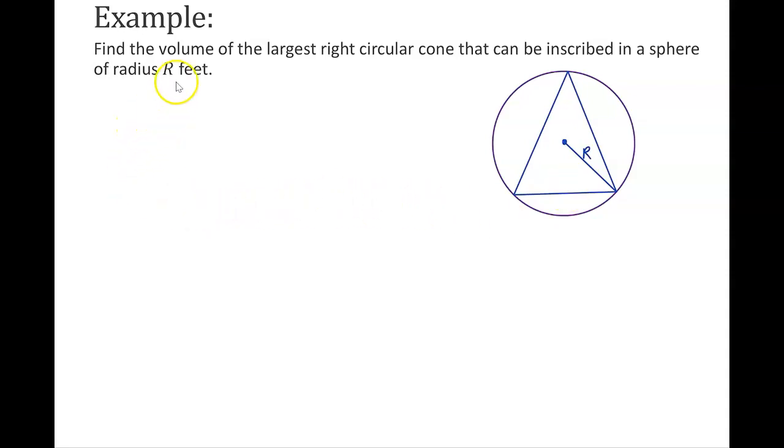What we're trying to do is find the volume of the largest right circular cone. We're trying to maximize this cone, or specifically its volume. So what I'm trying to do is maximize the volume of a cone.